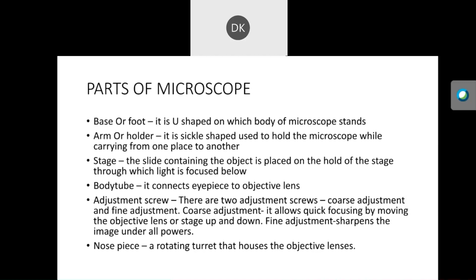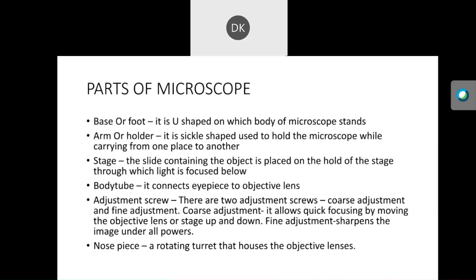Parts of microscope. Base or foot: it is a U shape on which the body of the microscope stands. Arm or holder: it is sickle shaped, used to hold the microscope while carrying it from one place to another.